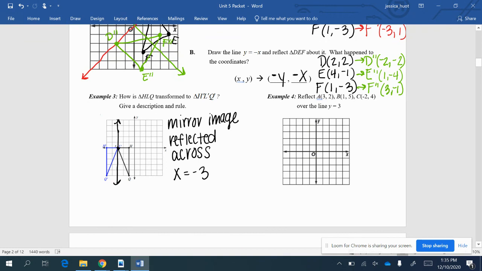Example 4, reflect triangle ABC over the line y equals 3. So let me graph this really quick. Take a second and graph these points on your paper.